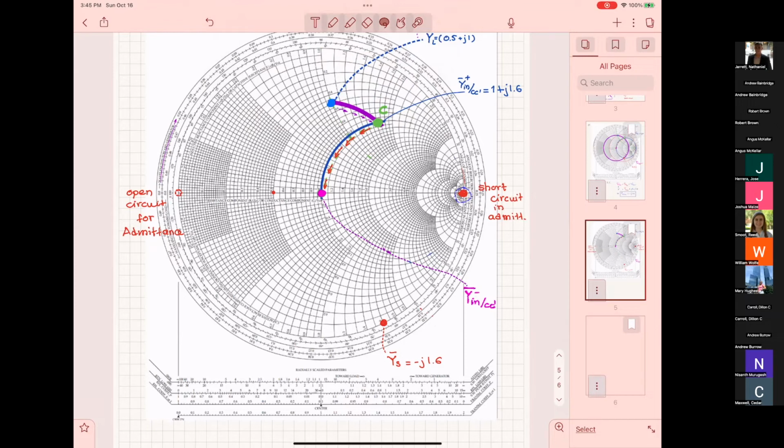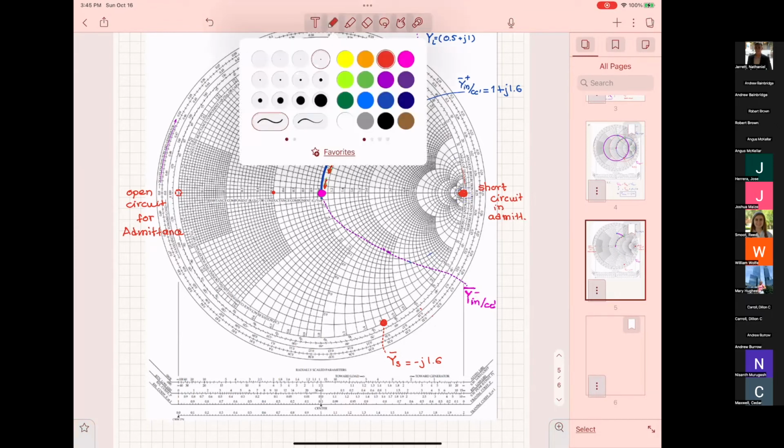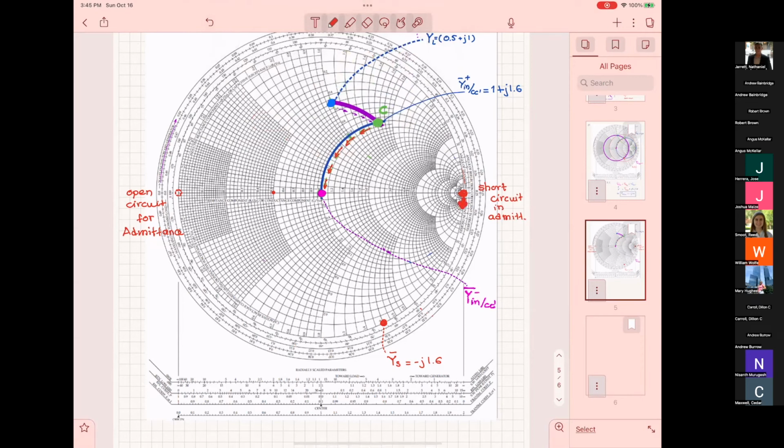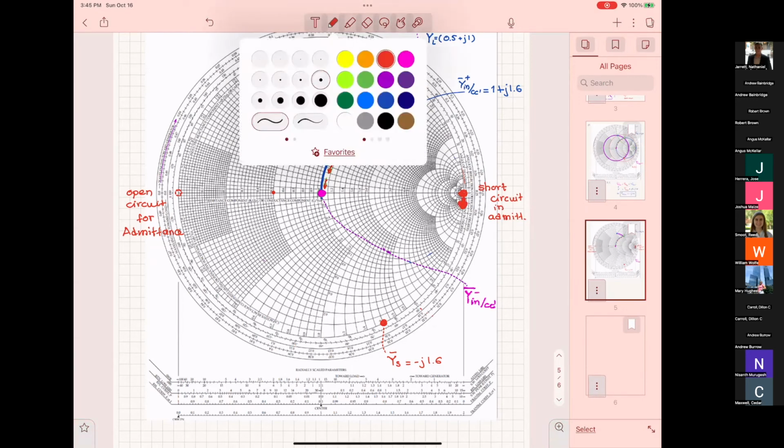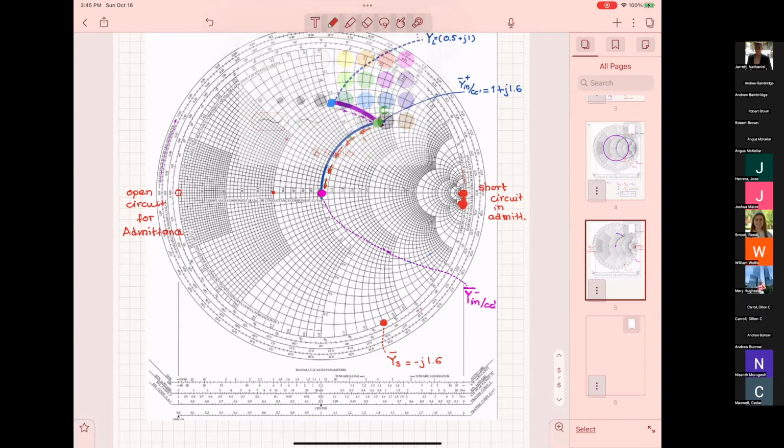So I will have to move around like this. You still have to go clockwise at this point as well, always clockwise. But I will have to move from there until I come to this point here. There.